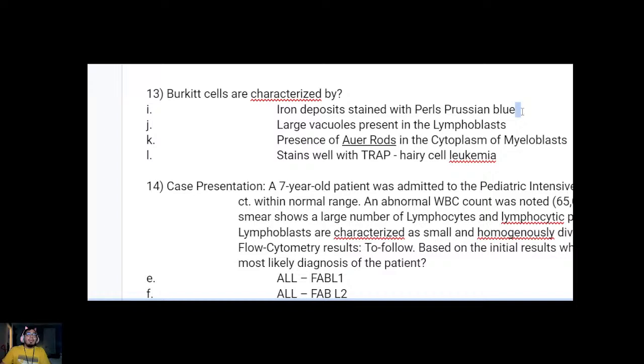Pearl's Prussian blue is sideroblastic anemia or siderocytosis. And the only thing that's left is this one. Okay? So this is ALL. Or Burkitt cells. ALL what? ALL 1 under the FAB classification.